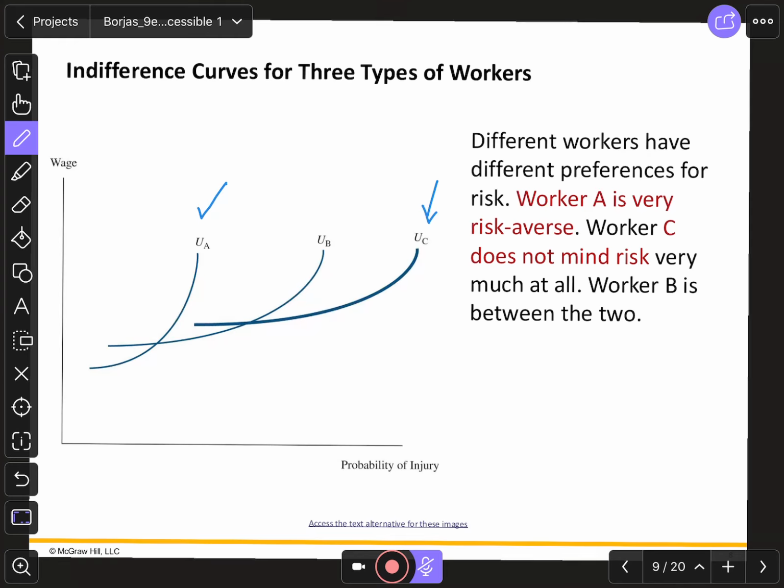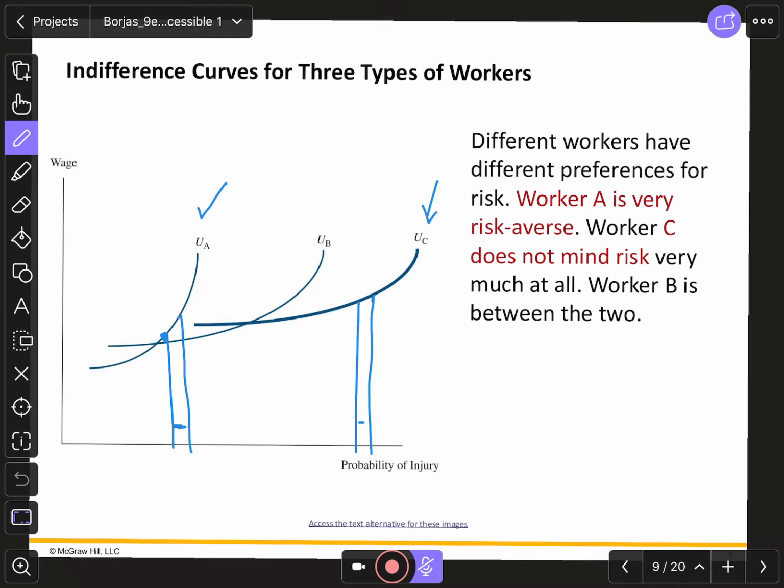So how can we see this? If the probability of injury increases by 1 unit, I'm just assuming my hand is drawing the exact same distance here and there.